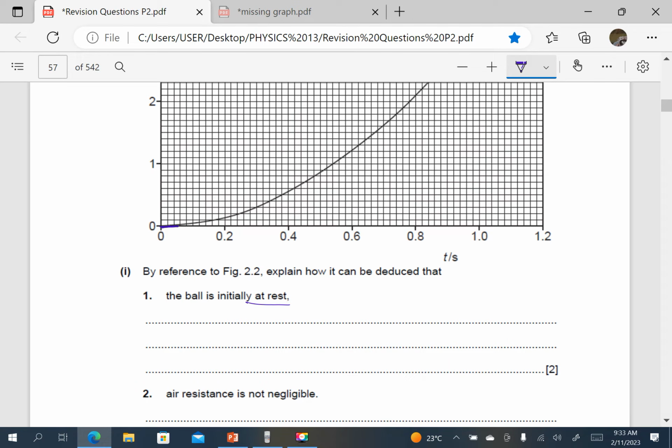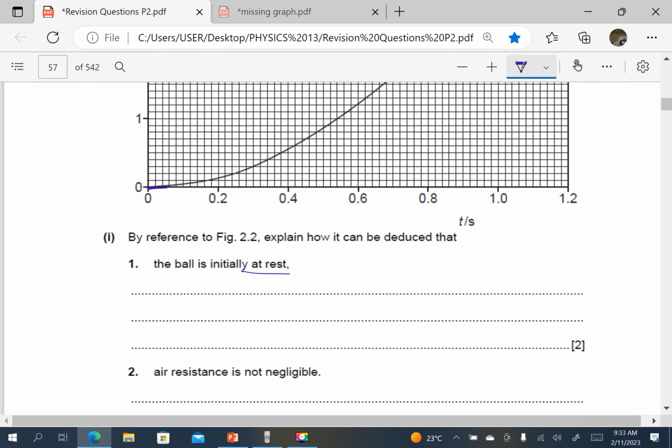So we can simply say the initial gradient is 0. And remember, the gradient of the graph is the speed.